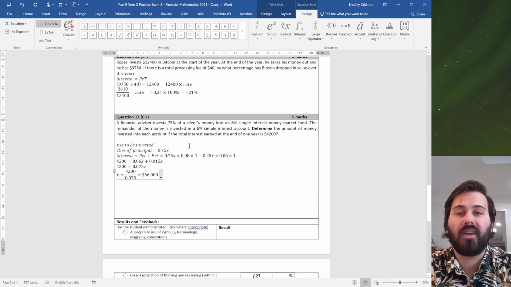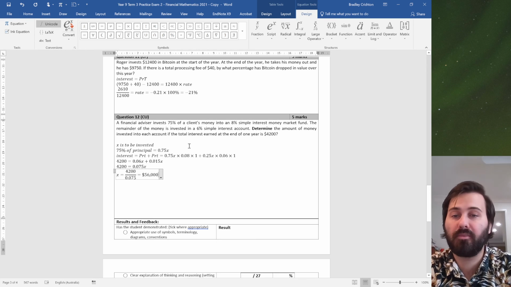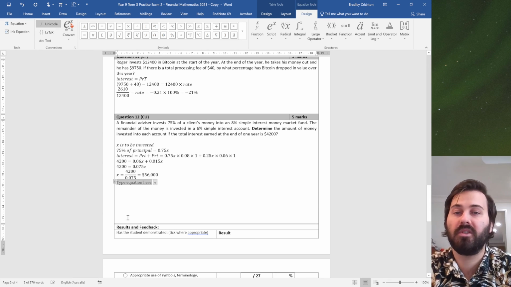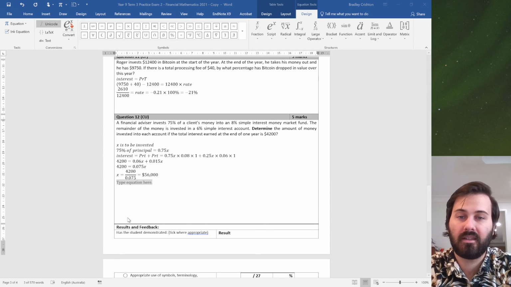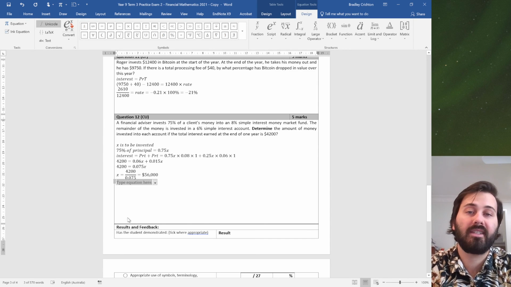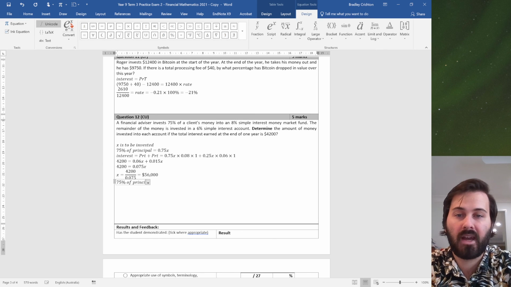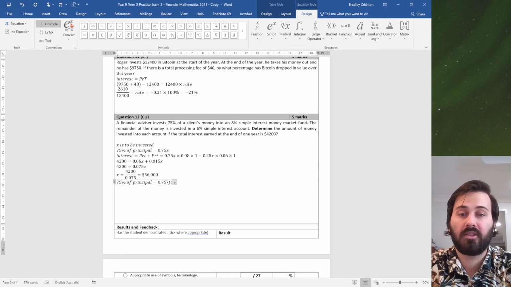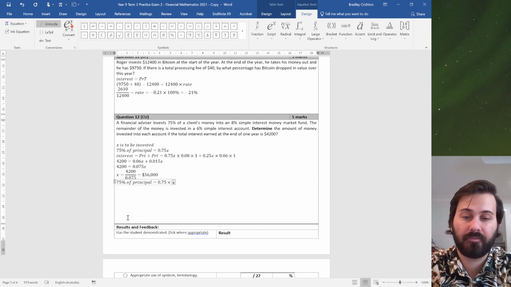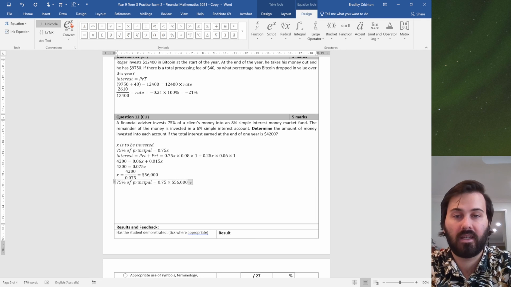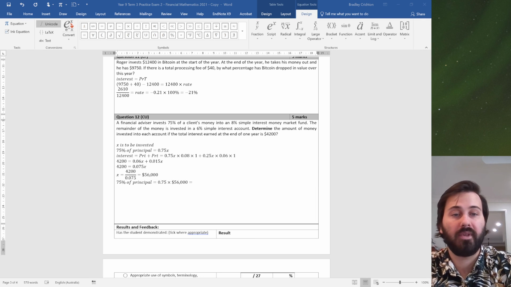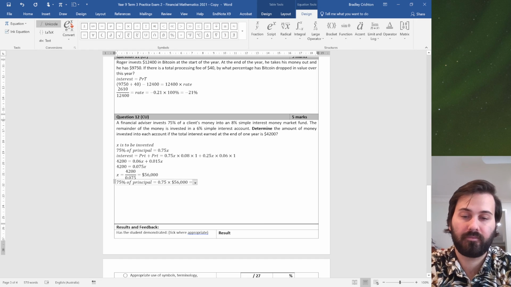Determine the amount of money invested into each account. So if the principal amount, which is what we just calculated, was 56,000, how much was invested with 75%? So 75% of 56,000, or we might say of the principal amount, is equal to 0.75 times 56,000, which is equal to 42,000.